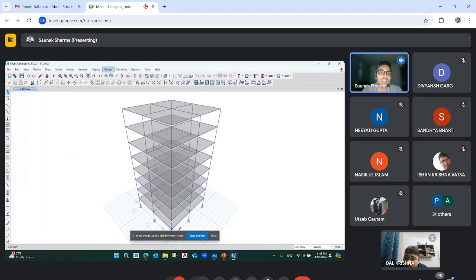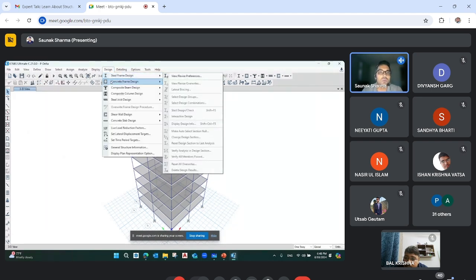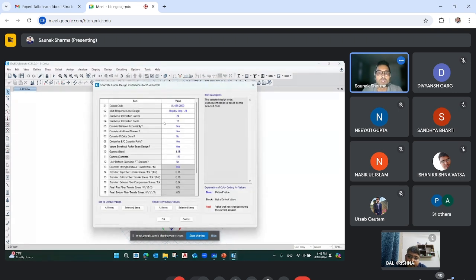This is the only additional work we have to do for the P delta analysis. One last thing to be done in ETABS: if we are designing a steel frame building, we need to go to steel frame design; if we are designing concrete, we need to go to concrete frame design and view revised preferences. We need to check this: consider P delta done should be yes, and consider additional moment, that is P small delta, we need to keep both yes.